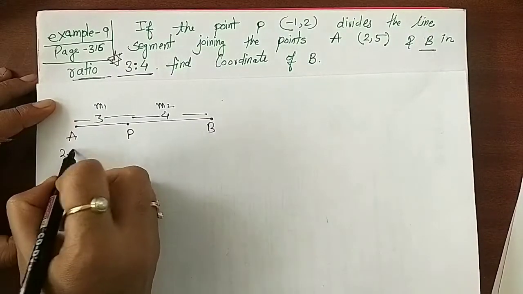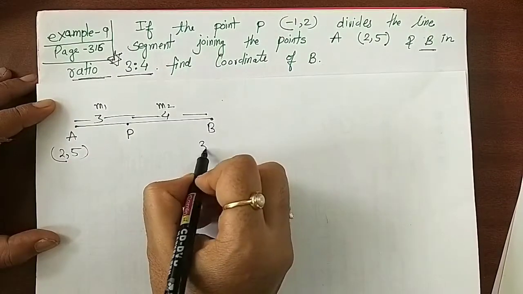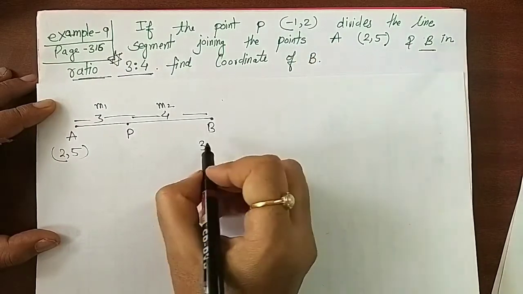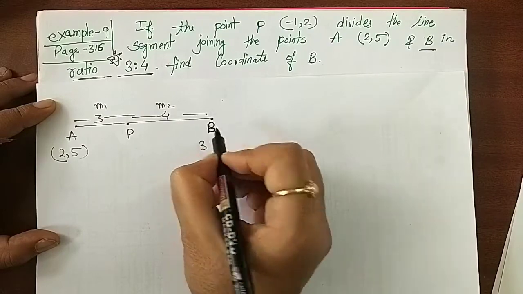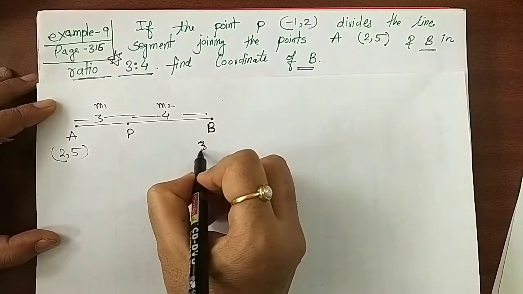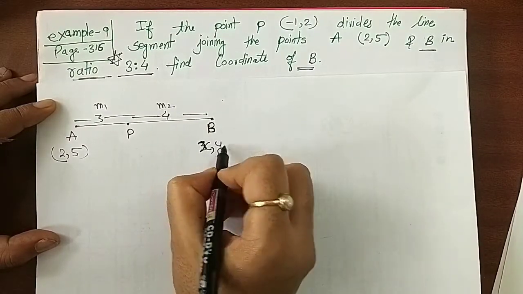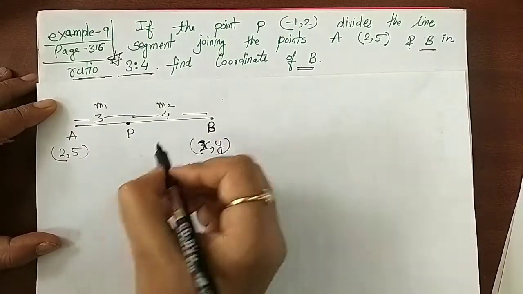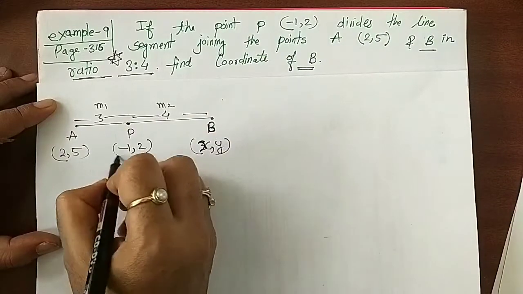A is given as 2,5. B is actually not provided. They are asking to find B. So let me assume this is x comma y, and P is given as -1 comma 2.